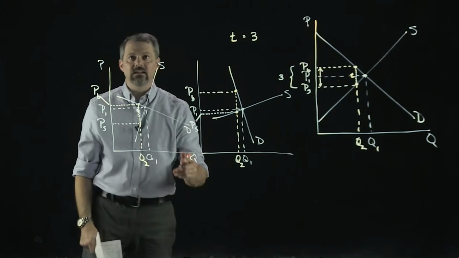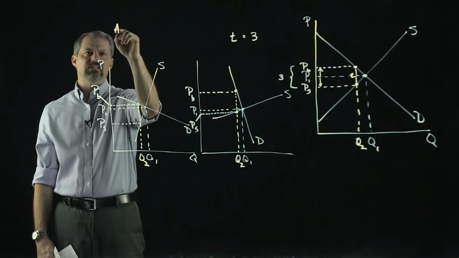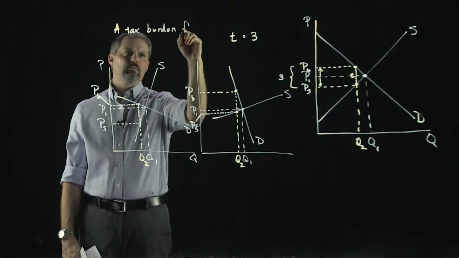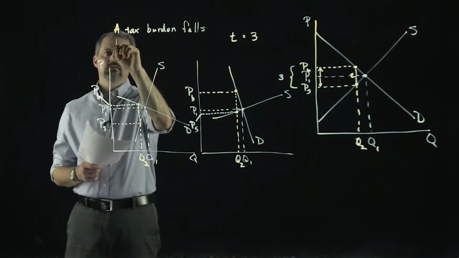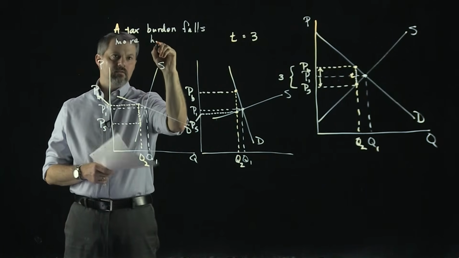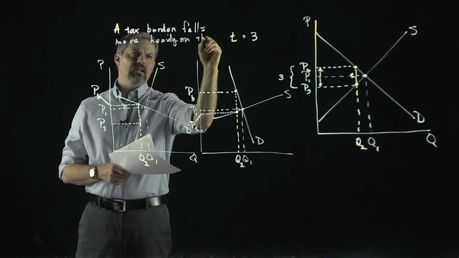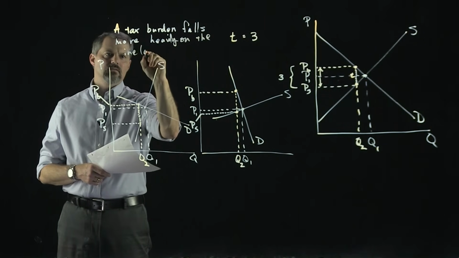So what we get is, here's our general conclusion, a tax burden falls more heavily on the inelastic side of the market.